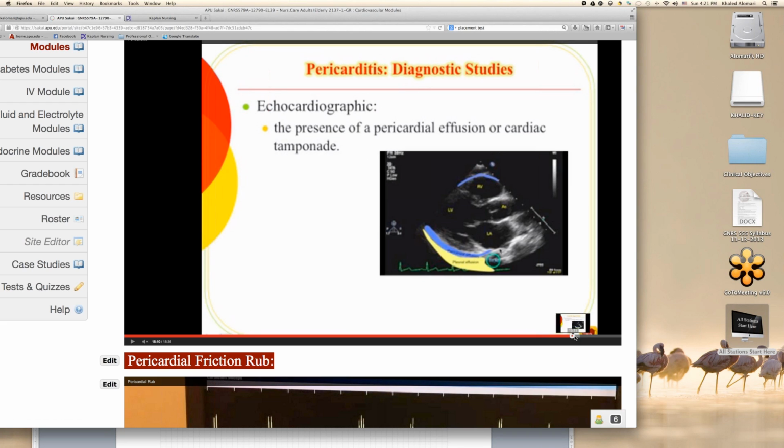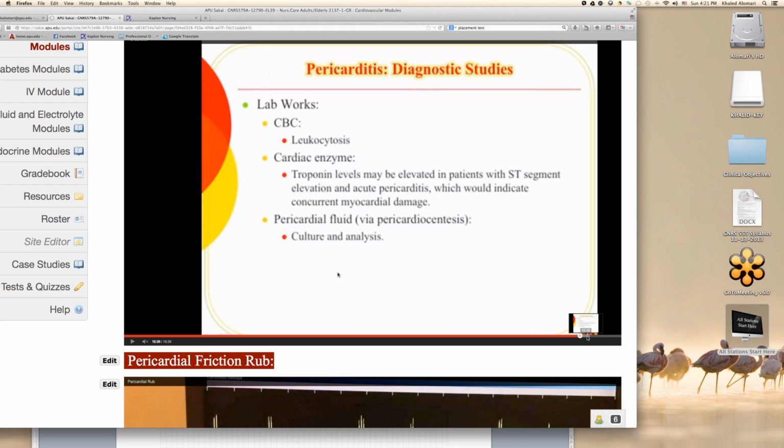Okay. Again, for anything to do with the heart, from inside or outside, the best non-invasive procedure to do is echocardiogram. Again, the ST elevation caused by the compression of the inflamed pericardium on the heart may also increase the level of troponin.